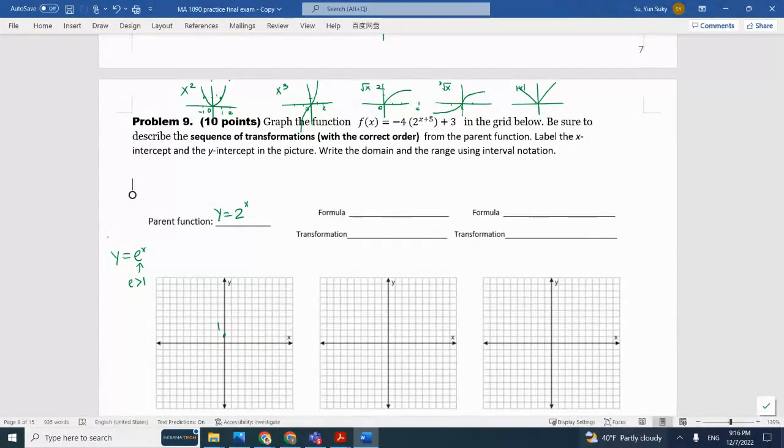It passes through (0, 1), and it's an increasing function. Let me make it better. Something like this. You also have a horizontal asymptote, y equals 0.